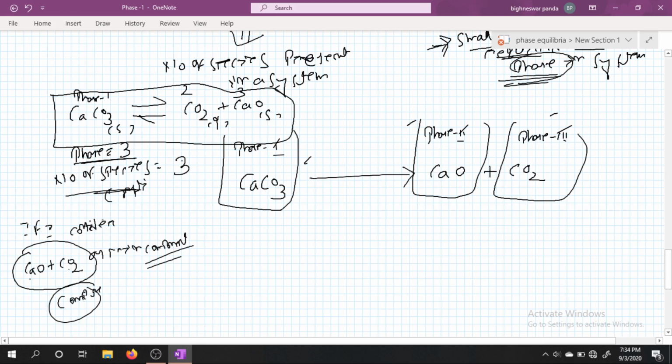How? Let us consider. Here, in order to explain this phase 1, I can simply write CaO plus CO2. CaO and CO2 react together to give calcium carbonate.